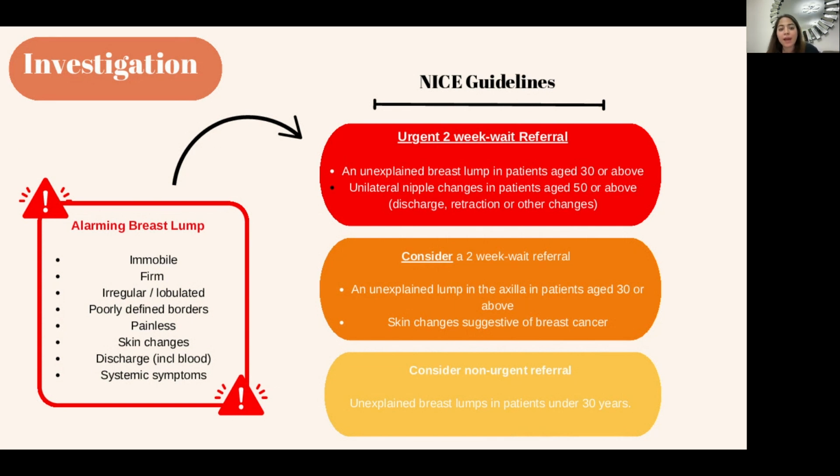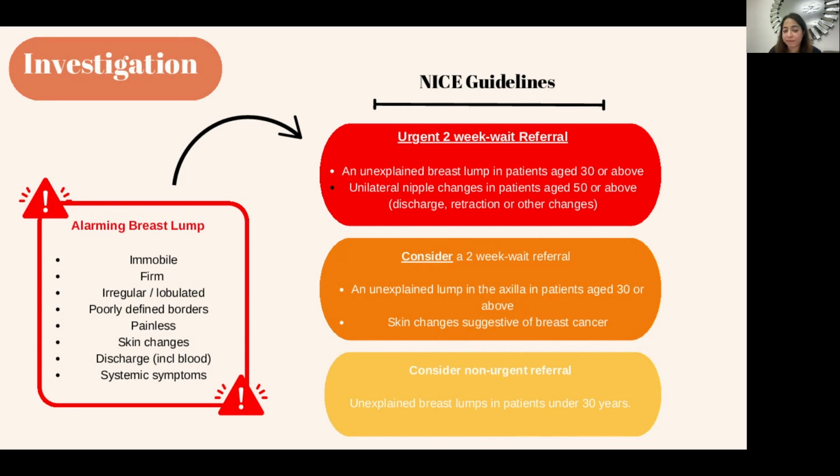You can then consider a 2-week wait referral for anyone who's got a lump in the axilla and they are 30 years or above, or if they've got skin changes suggestive of breast cancer. So here you'd have to use your clinical judgment and the history that you're taking with your examination to decide whether it can be a routine referral or if it should be a 2-week wait referral.